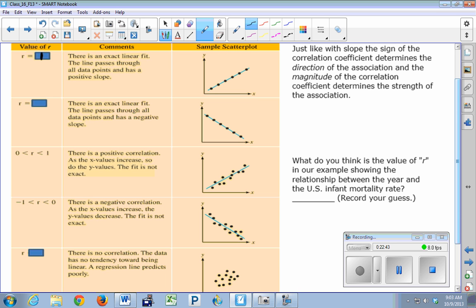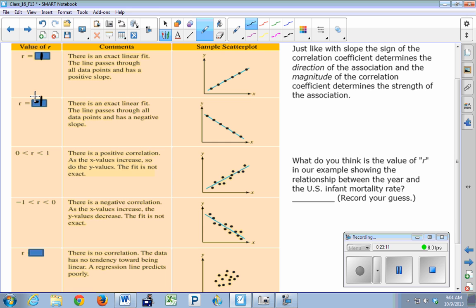So if we look at the next picture, our guess would be what for a correlation coefficient? -1, right? So it's intuitive in that sense because you've done a lot of work with slopes of lines. Okay, so notice the sign of your correlation coefficient, positive and negative, tells you what direction, trend, or overall association you have between your two variables.